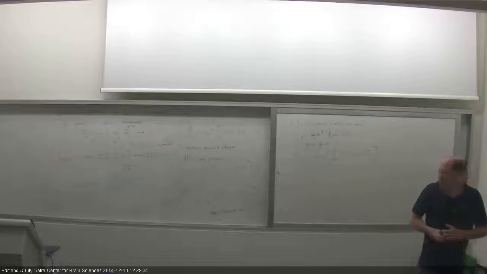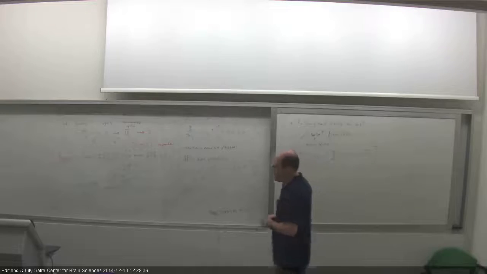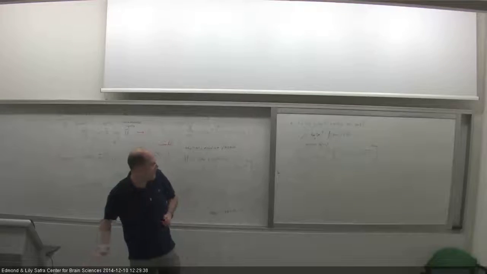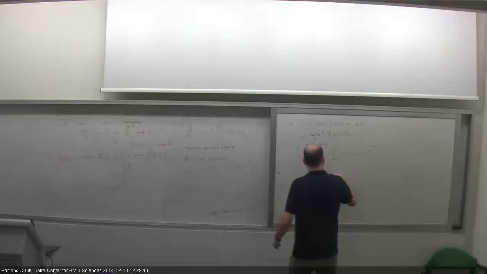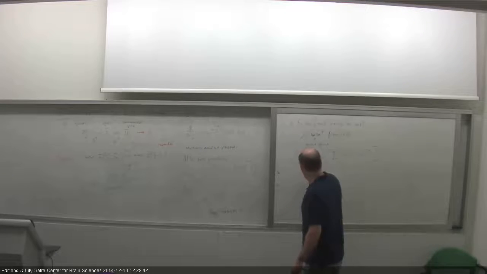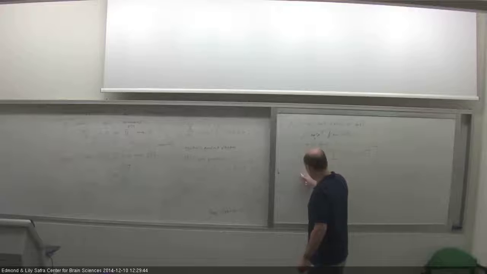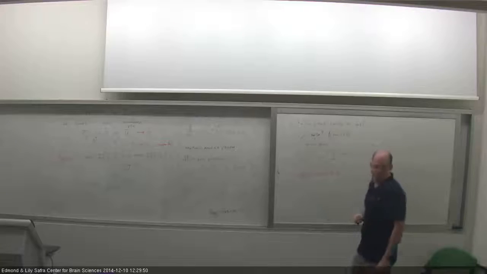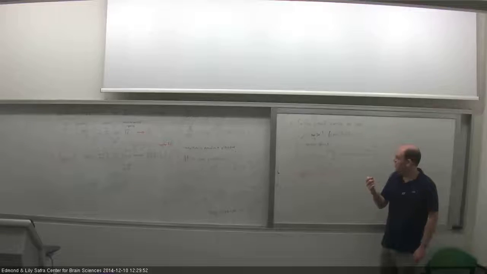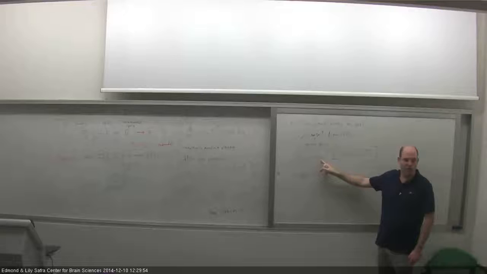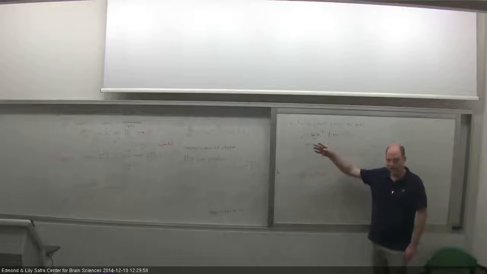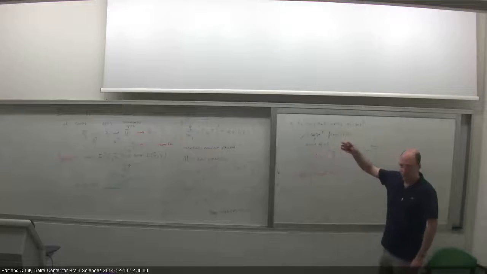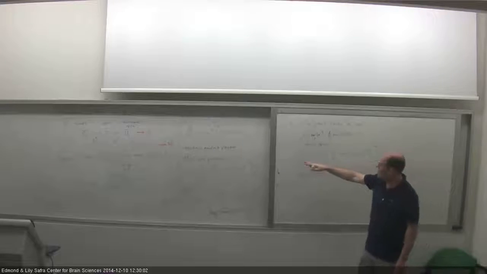And another comment that I want to make is that this rule is not a local rule. Meaning that the change of Wij still depends on other, you know, if we think about these as synapses.